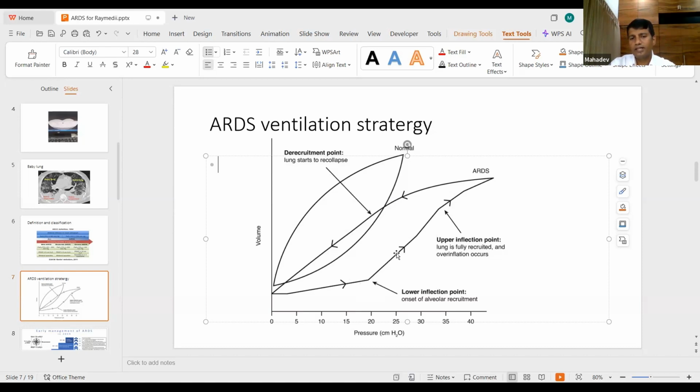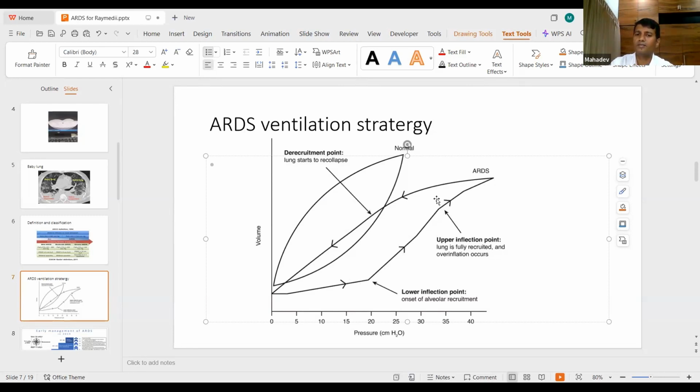When you start ventilating, whenever you increase the pressures a little bit, the volume taken up by the alveoli or the lungs is higher, and you can see that the compliance of the lung improves. But it is only up to a particular point of pressure. Beyond that, however much pressure you put, the volume achieved won't be that high.